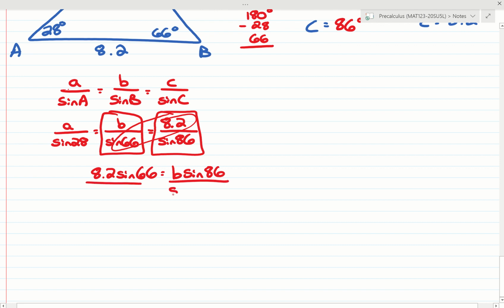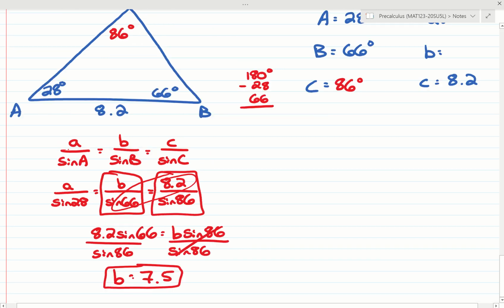Divide both sides by the sine of 86. If you type 8.2 times the sine of 66, divided by the sine of 86 into your calculator, I'm getting side b is 7.5. So let's label our triangle.